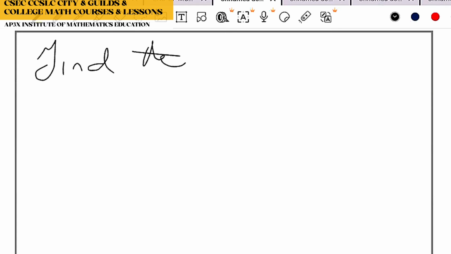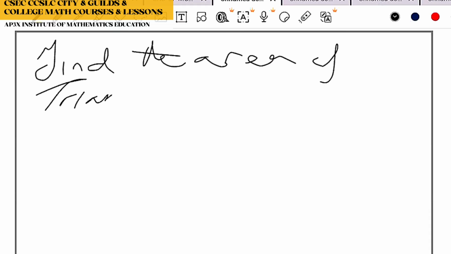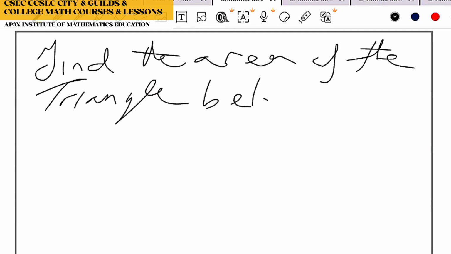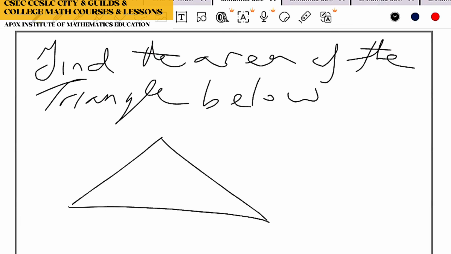So then what if you're asked to find, watch this now, guys, the area of the triangle below. And this is what the triangle looks like. Boom, boom, boom. And let us just say I call this side 11.7 centimeters.